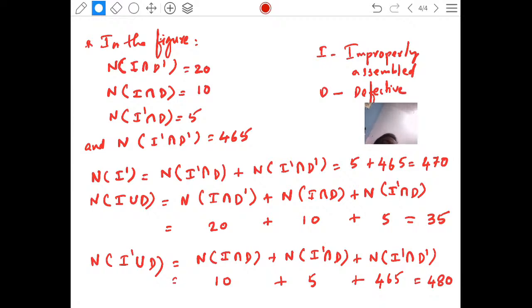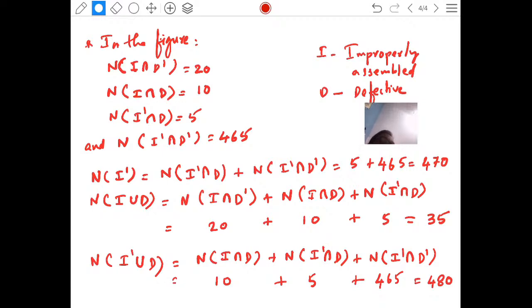So again, logically this makes sense, because this is equal to n of I intersection D, which means the machine parts which are improperly assembled and defective, because this already contains D. So we have to take all the sets which contain the value D. Therefore we have to take this one and this one. So we have considered these cases.